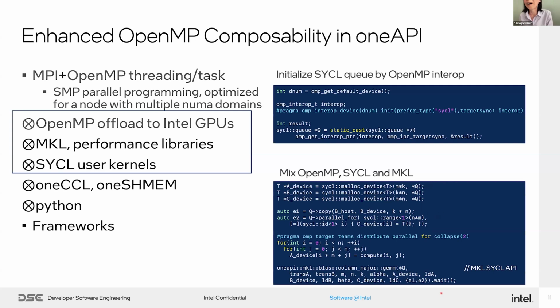And in this example, I even put in event handling so that the first two steps in SYCL happen asynchronously to the OpenMP target, and then all those things come together to complete the task. So that's all possible with OpenMP.